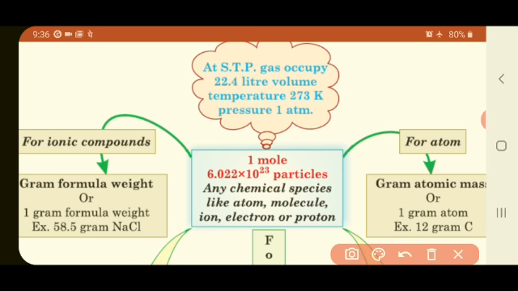These two conditions are called standard temperature and pressure. Now 273 Kelvin is nothing but 0 degree Celsius, and pressure is 1 atmosphere. So how much volume does it occupy? It occupies 22.4 liter. This is for 1 mole of any gas.